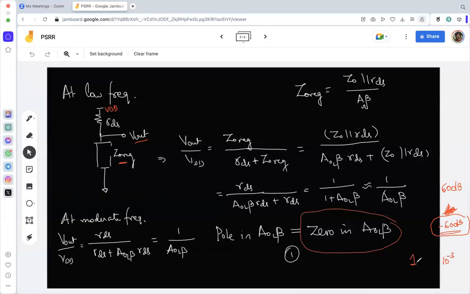Meaning if you apply 1 volt peak to peak sinusoidal signal at VDD, you're going to see only 1 millivolt at Vout, which is a very good number.